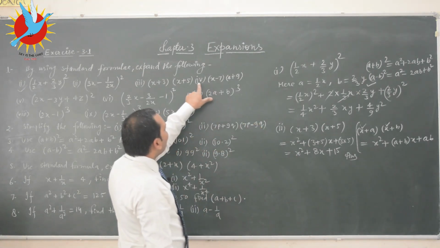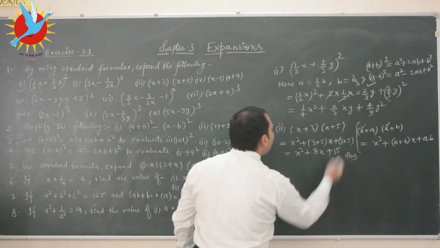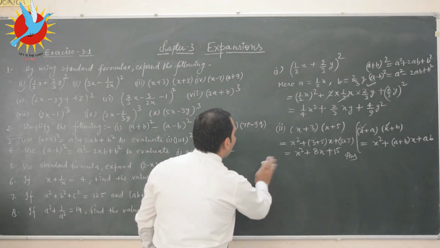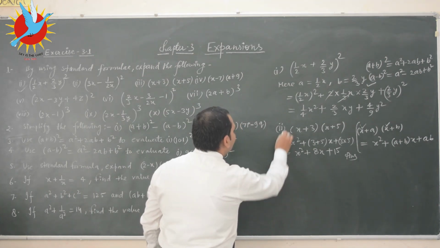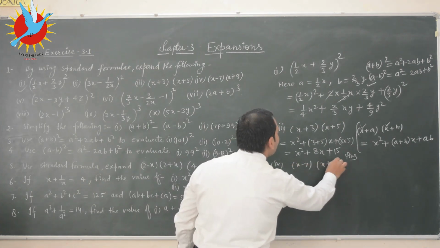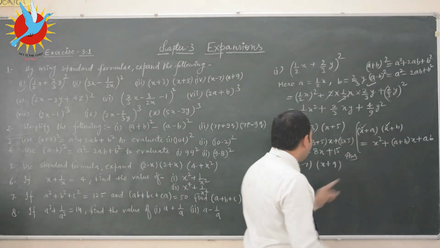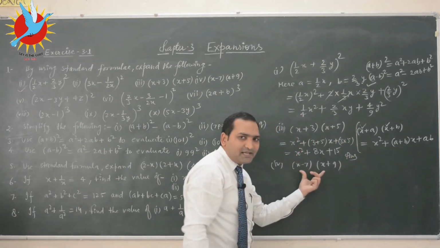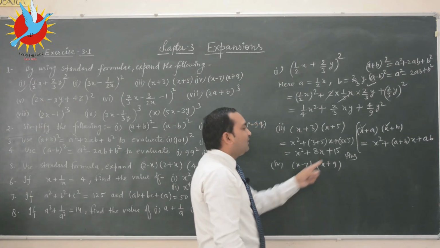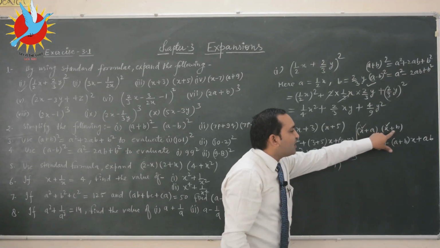Similarly here, x minus 7 and x plus 9, this is also by the same formula, in the fourth one. So we can write in the form of x plus A into x plus B, both first terms same but second terms different.